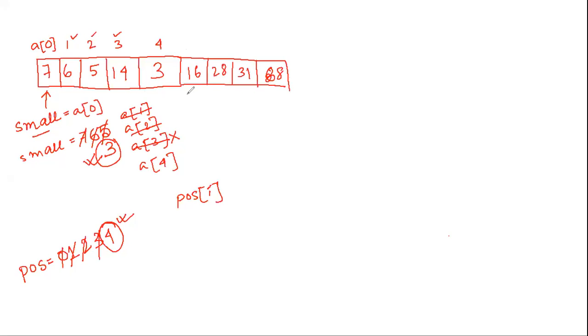My array will travel, it will check. I will again check it with A5. A5 is 16, so it won't be updated. I will check it with A6. A6 is 28, it is larger, won't be updated. I will check it with A7. A7 is 31, larger, small won't be updated. I will check it with A8. A8 is 8, larger, won't be updated.